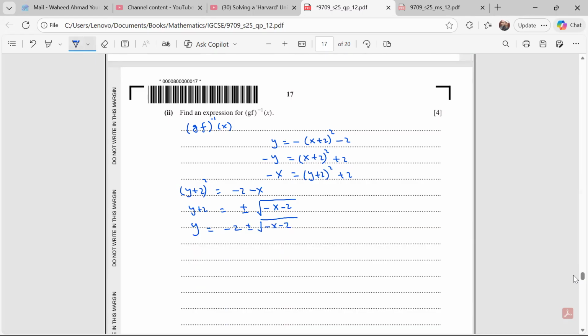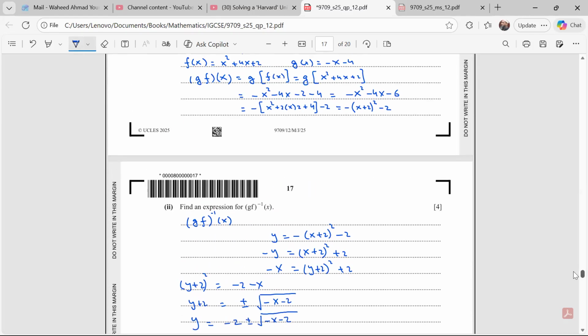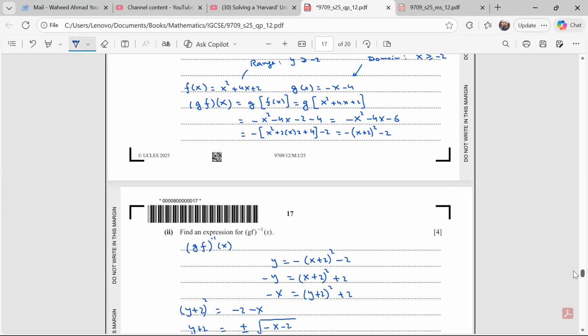Okay, now what value do we take over here, the negative or positive? You see this function, the actual function, not the inverse, which is given by this expression. How does it look like? Remember, this is my function, y is equal to negative x squared.